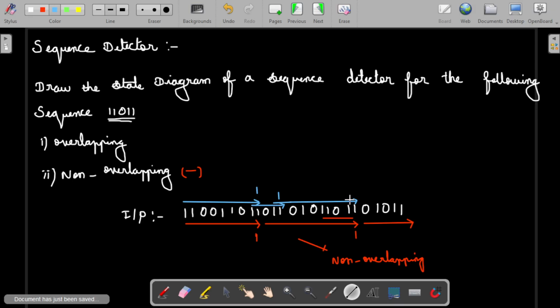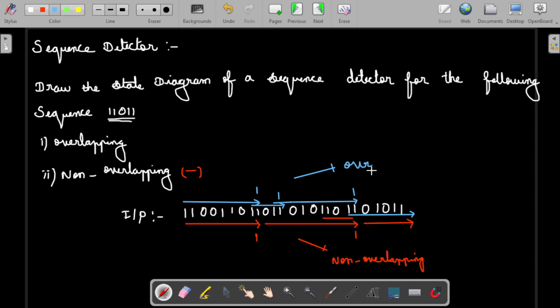There is no sequence here, only the first sequence is detected. Again the next sequence will start from this 11 and go on searching, and the sequence is not present there. So the output is 1 three times, compared to the non-overlapping case. This is the overlapping sequence.